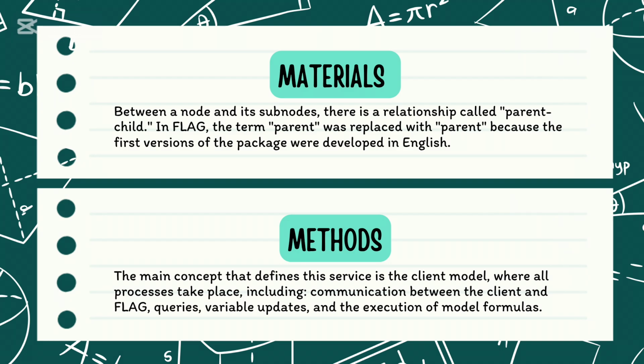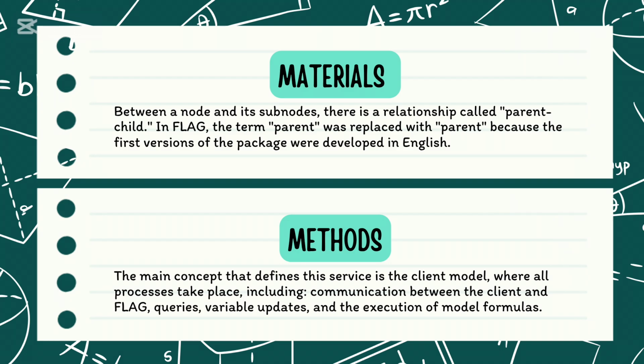The main concept that defines this service is the client's model, where all processing takes place, including communication between the client and FLAG, queries, variable updates, and the execution of the model's formulas. FLAG was conceived as a service for multiple clients, each of whom has a model of the type described above.